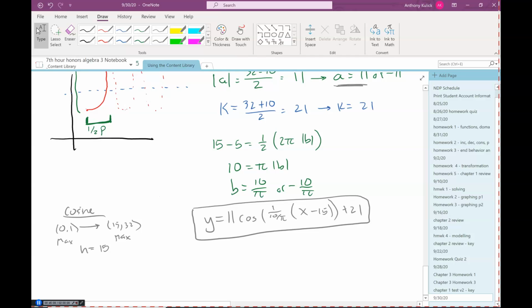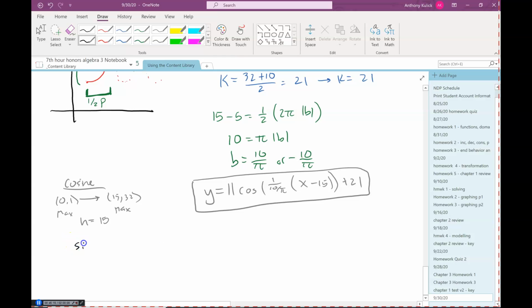Now, if I wanted to do this same thing for sine, this becomes a little bit trickier because I don't know a midline point, right? So I would have to use either a max or a min from sine. So if I looked at sine, the maximum occurs at pi over 2, comma 1.